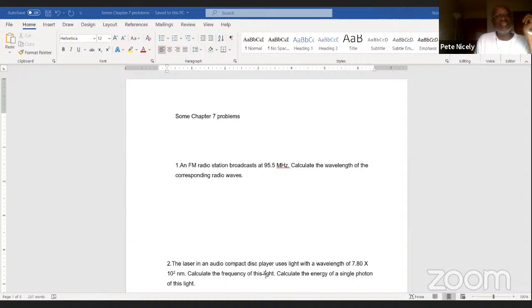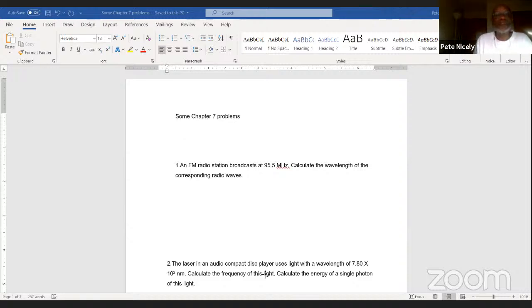Delta E equals minus R_H times (1 over n_f squared minus 1 over n_i squared). And then the other form of this equation: 1 over lambda equals minus R_H times (1 over n_f squared minus 1 over n_i squared).